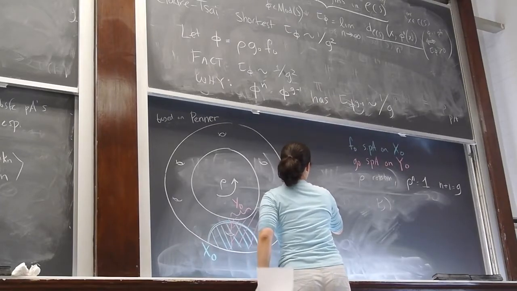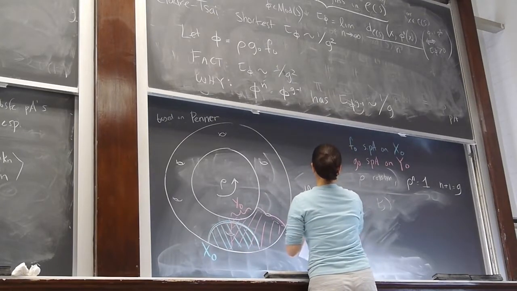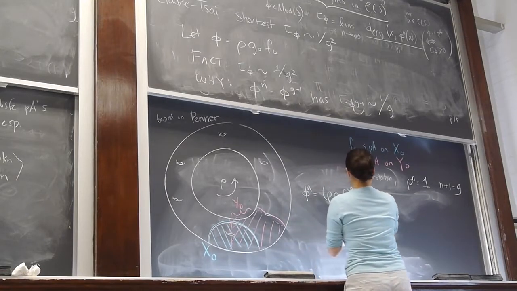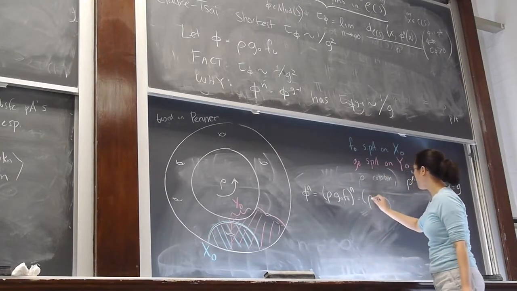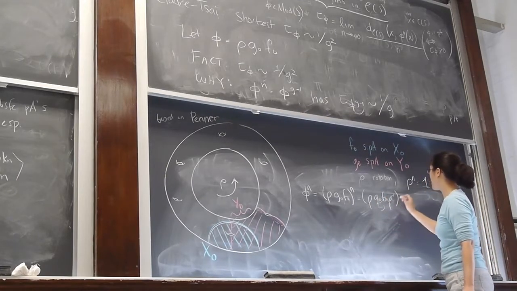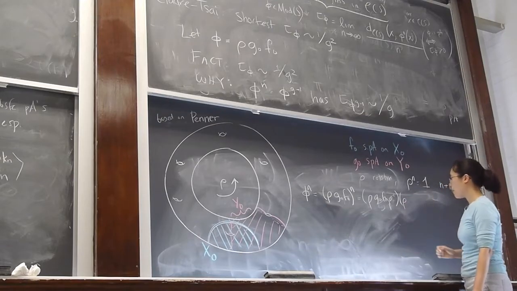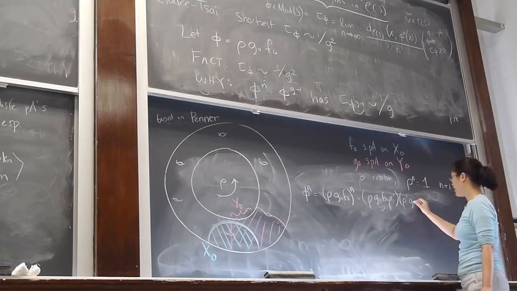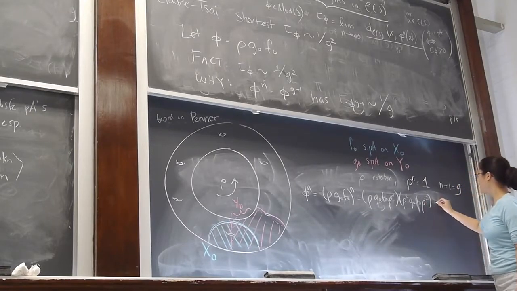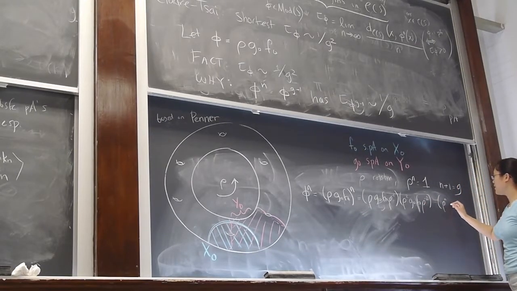So p to the n is equal to (rho g naught f naught) to the n, which you can rewrite as rho g naught f naught rho inverse, rho squared g naught f naught rho minus 2, dot dot dot, all the way to rho n g naught f naught rho to the minus n.